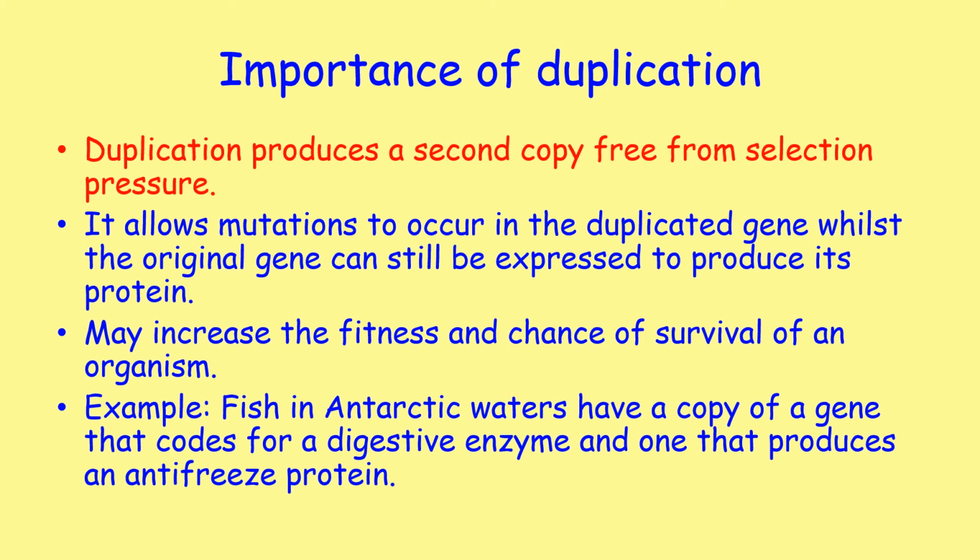The other gene has evolved to produce a really well-functioning antifreeze protein. When you look at them both, they have very, very similar gene sequences. So it's clear that one has evolved from the other through the process of natural selection. They've started to evolve their separate properties. So duplication can be important in terms of evolution.